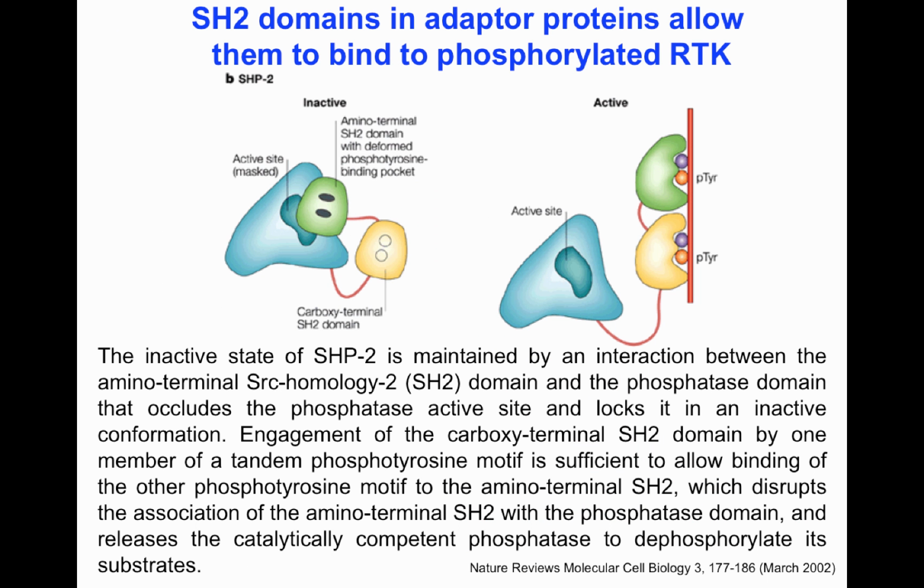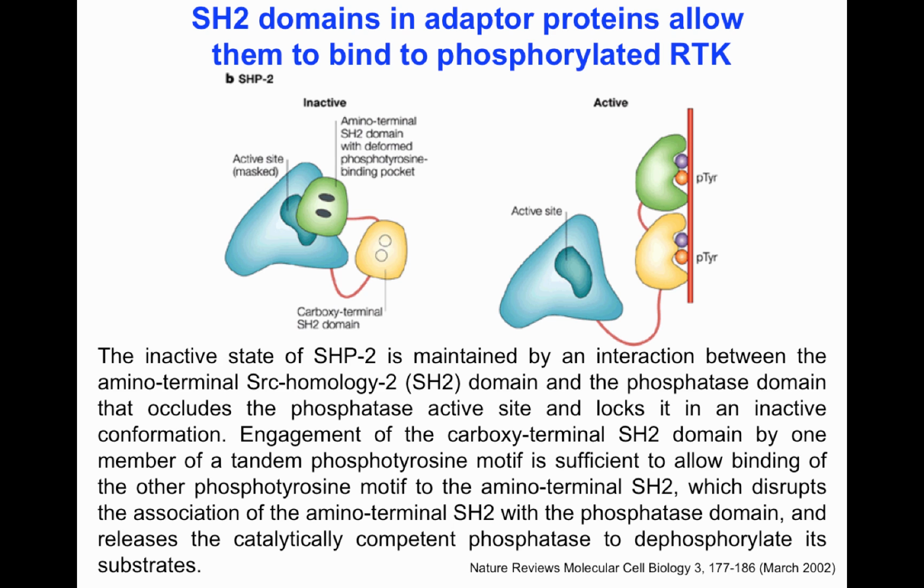The way in which those adaptor proteins bind is because they contain what is called an SH2 domain. And the SH2 domain comes from the term Src homology 2. Now, as shown over here on the left, this image is an image of SHP2.